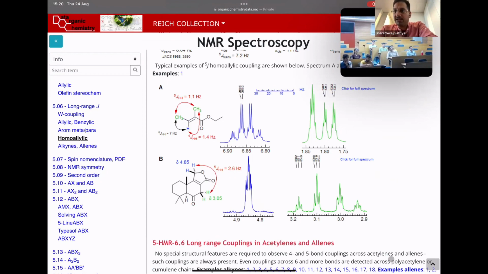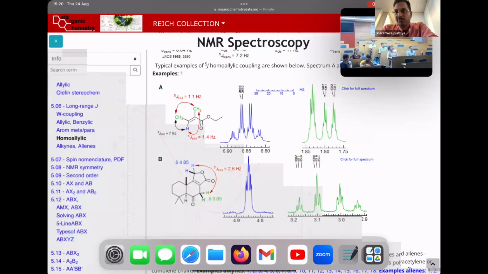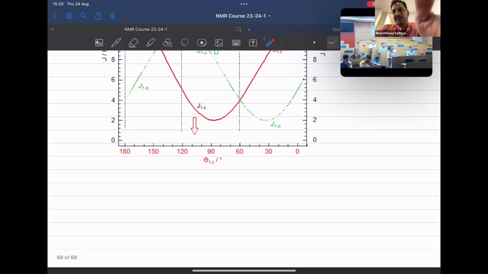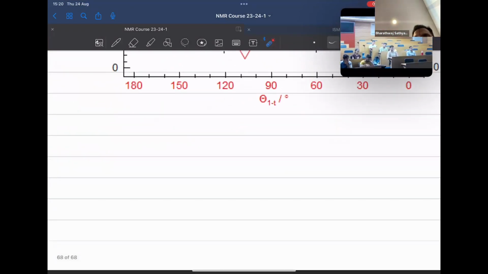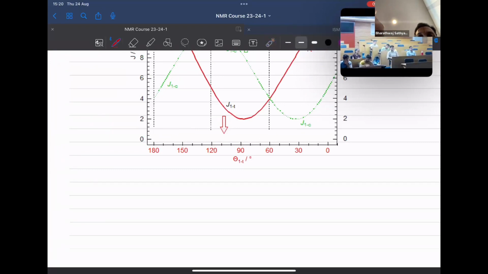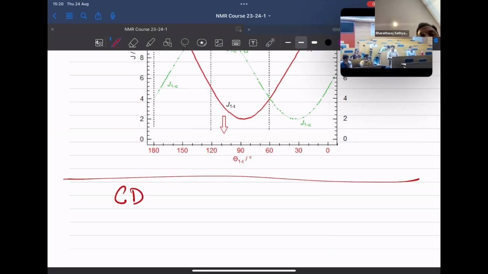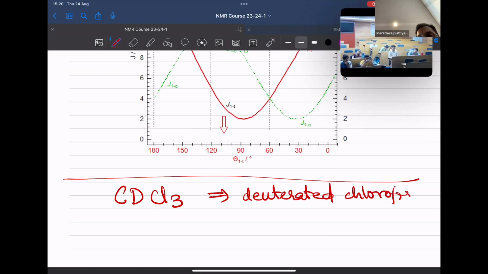With that being the case, I would like to leave you with a couple of questions, which I expect you to solve for the next class. We'll start the next class by discussing this question. Currently, do not ask why we are using deuterium, but quite commonly we use CDCl3, which is deuterated chloroform, as a solvent in NMR measurements.